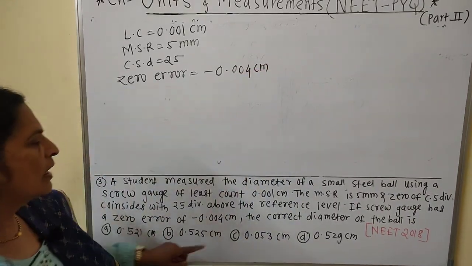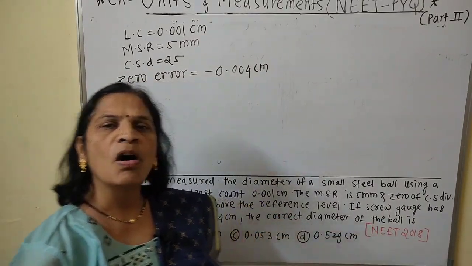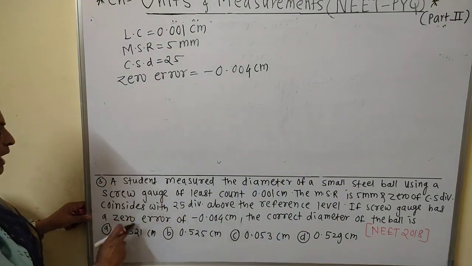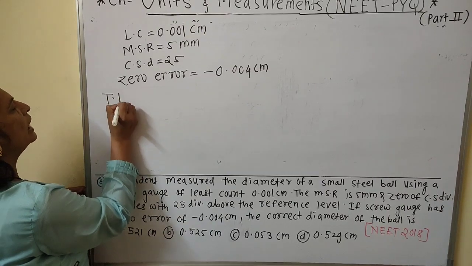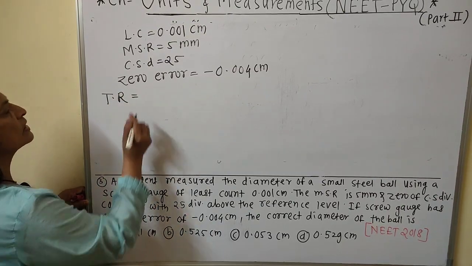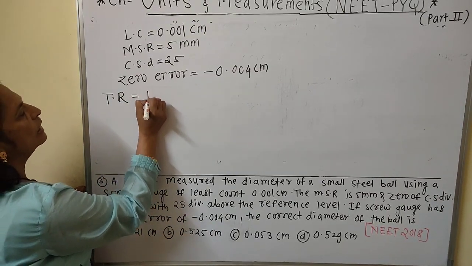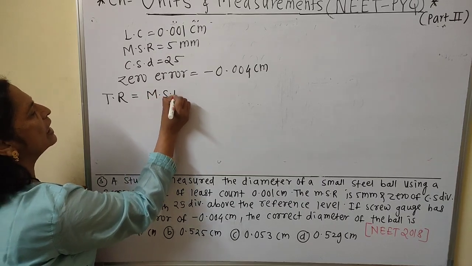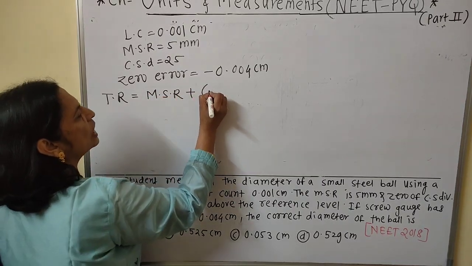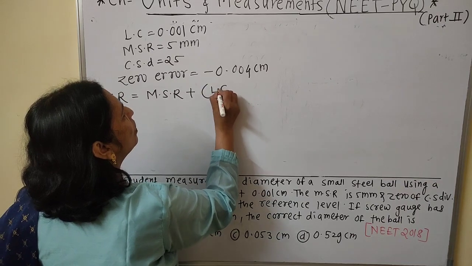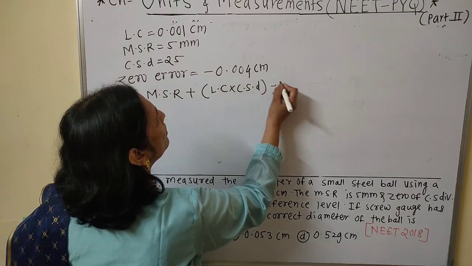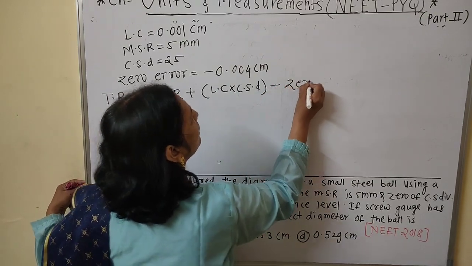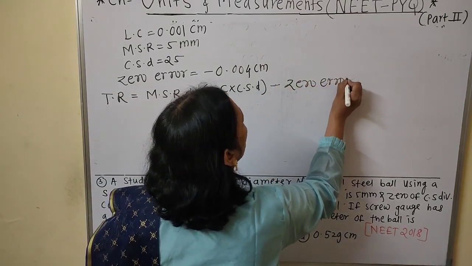Then the correct diameter of the ball is, means we have to calculate the total reading. We know the formula for total reading of this micrometer screw gauge, that is equal to main scale reading plus least count into circular scale division, minus zero error. Okay, this is the formula.